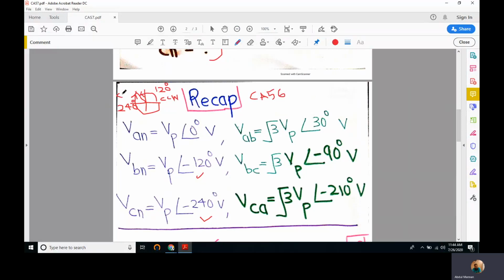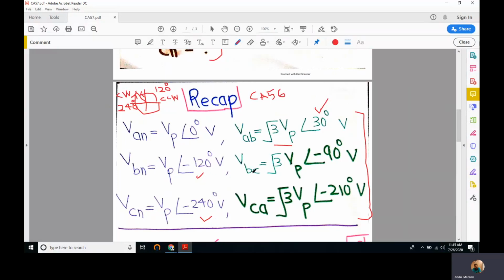And we also studied in our last lecture that we have a set of line voltages, which we represented VAB, VBC, and VCA. The magnitude is square root of 3 times VP, that is 1.732 VP, for each of these three voltages, and VAB is 30 degrees leading VAN.